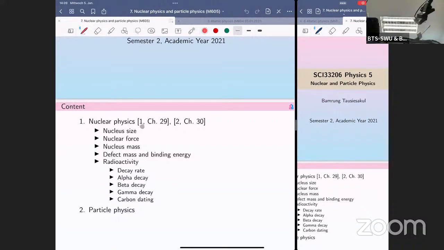The nuclear physics is taken from book number 1 and book number 2. The first topic in this chapter will be nuclear size and the nuclear force, and then the nucleus mass. Why do we have to talk about mass? Because the energy has a relation to mass too. Then effective mass and binding energy.